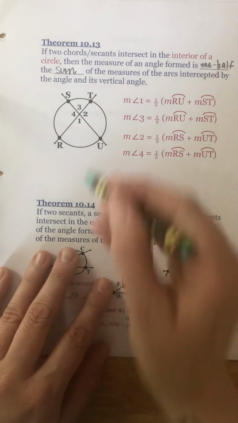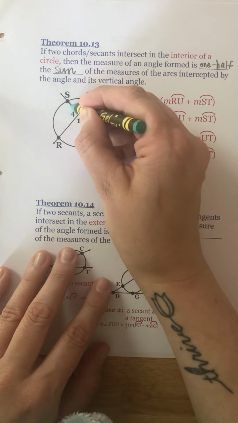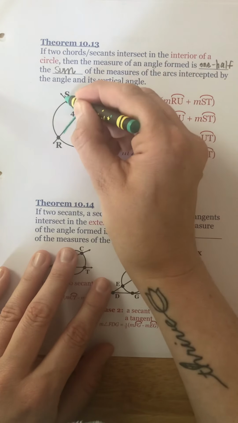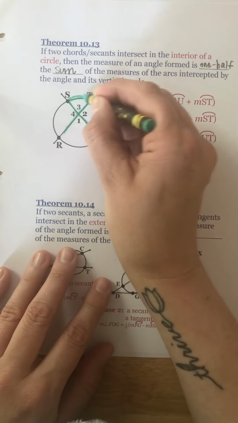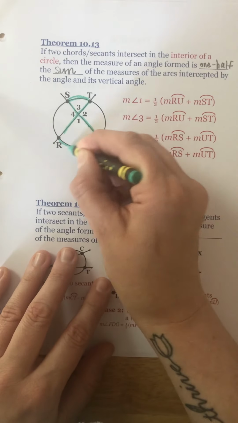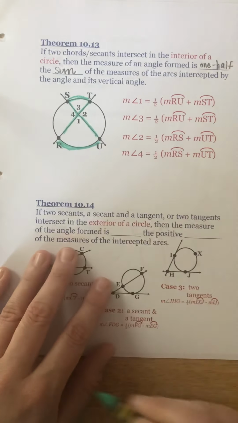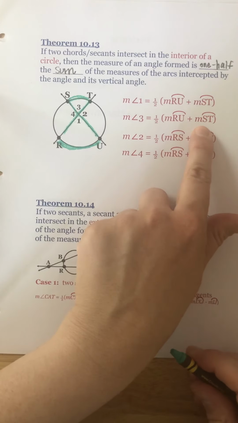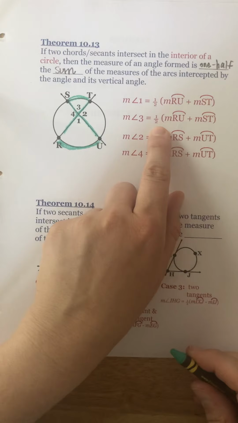Let's suppose that we were talking about angle 3 and angle 1. All right, we're going to take the arcs that they intercepted, so those two arcs right there, we're going to add them together, and then we're going to chop that value in half.